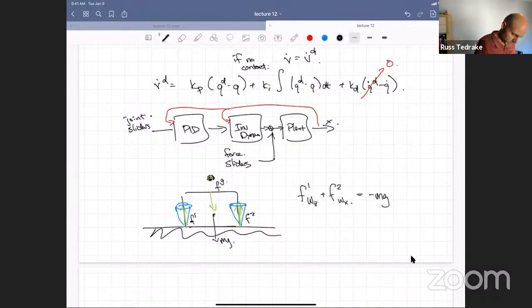The way I've drawn it is already a negative force, just to keep it all in the same coordinate system. Minus F2 of W Z. Everything's in Z. Yeah?